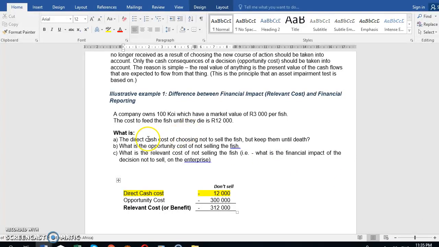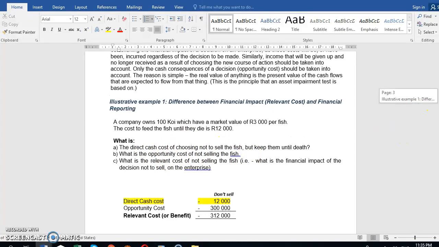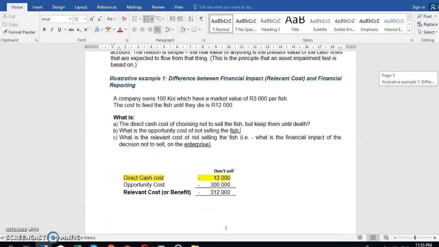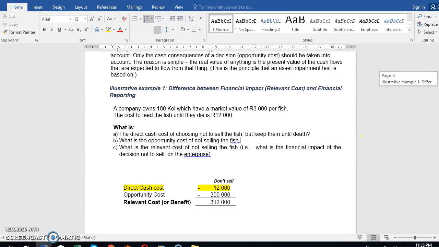Then part B, what is the opportunity cost of choosing not to sell the fish? Now I just want to remind you of the definition of the opportunity cost. An opportunity cost is the best alternative foregone. So there's only really 2 alternatives in this situation. You either sell the fish or you keep the fish.